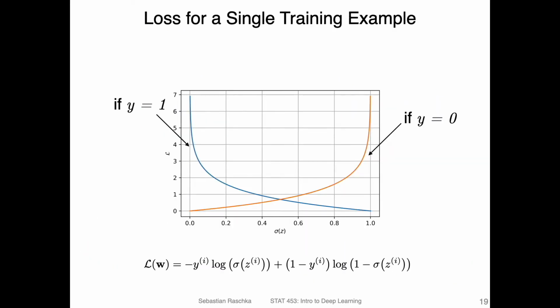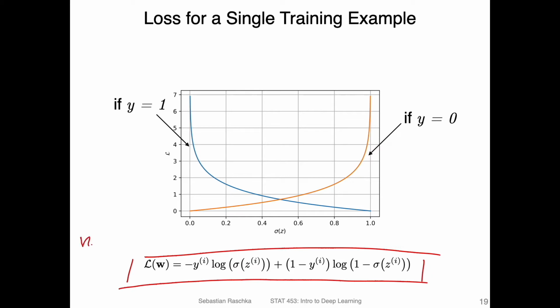And here is how the loss function looks. At the bottom here, this is again the negative log likelihood loss I talked about in the previous video. And like we talked about before, there are two parts really of this loss function. You can think of it as the part when the class label is 1 and the part when the class label is 0.